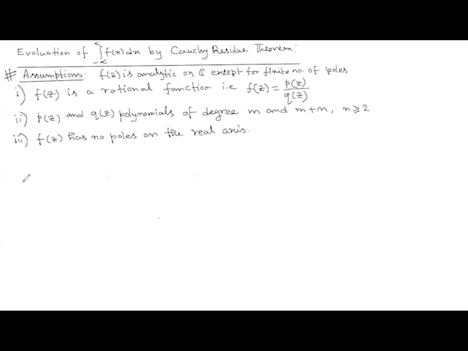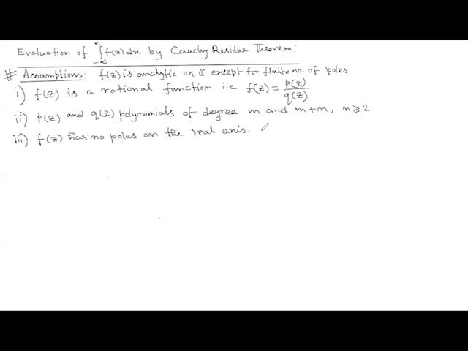Now the function f(z) must be a rational function. That means f(z) can be written as p(z) by q(z), where p(z) and q(z) are polynomials of degree m and m plus n for n greater or equal to 2, and f(z) has no poles on the real axis.